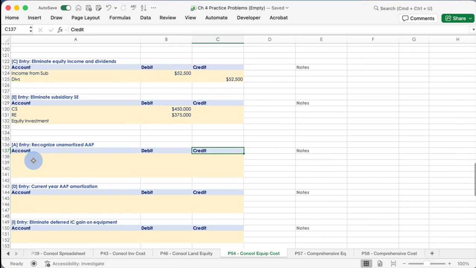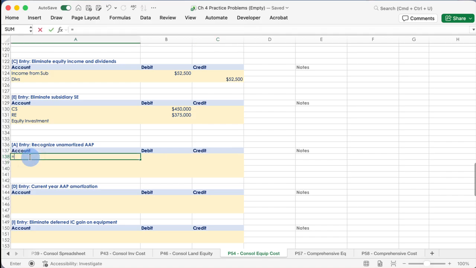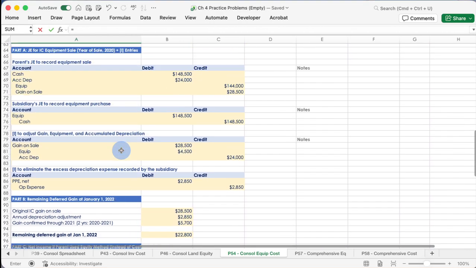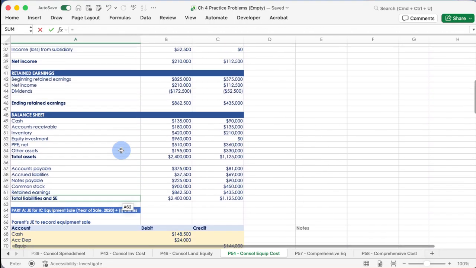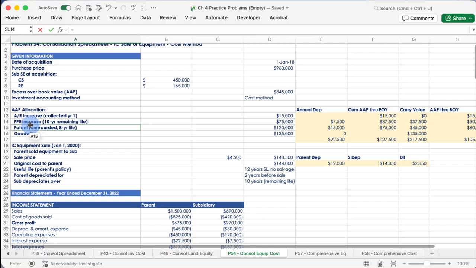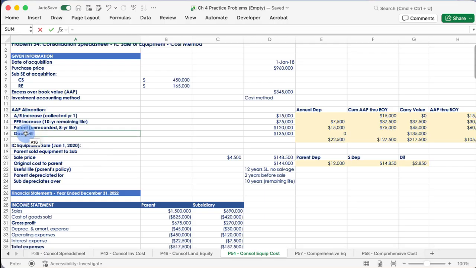Then we now need to recognize our unamortized AAP, and so we're kind of just explaining our AAP and pulling it out of equity and explaining what it actually is. So I was going to cell reference these, but it's actually kind of ugly because it has those words with it.